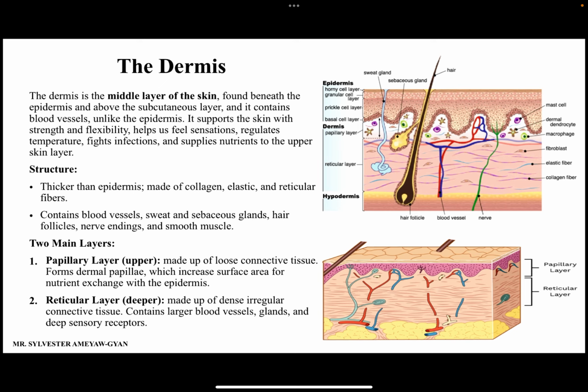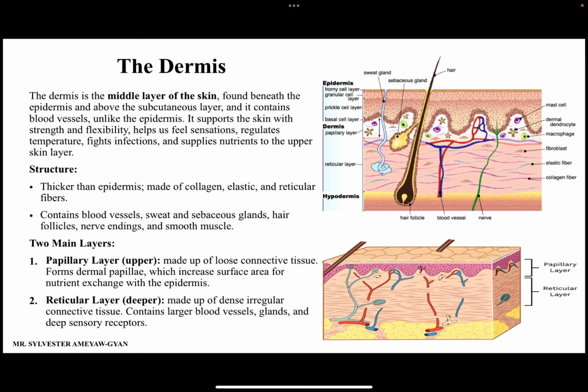The 2 main layers of the dermis are the papillary layer, which is the upper layer, and then the reticular layer. If I ask you in exams which layer of the dermis is connected to the epidermis, it is the papillary layer, the upper layer. From the papillary layer, you are now going to the stratum basale, which is the basal layer of the epidermis.